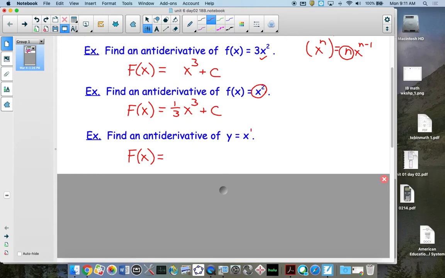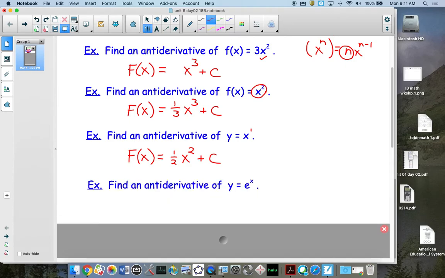So before I took the derivative, the exponent should have been 1 more, so it should have been an x squared. Now if I take the derivative of x squared, it becomes 2x. And I didn't have a 2x, I had a 1x. So I need to offset multiplying by that 2, so I'll put a 1/2 in front. Now if you take the derivative of this, 2 times 1/2 cancels, and we get 1x to the first. And don't forget plus c.